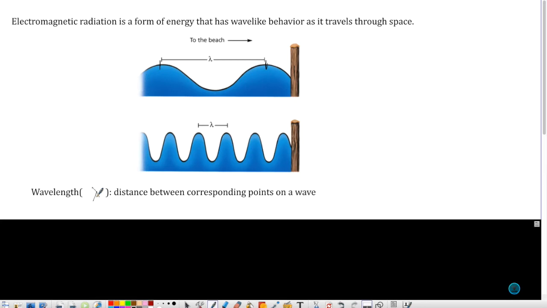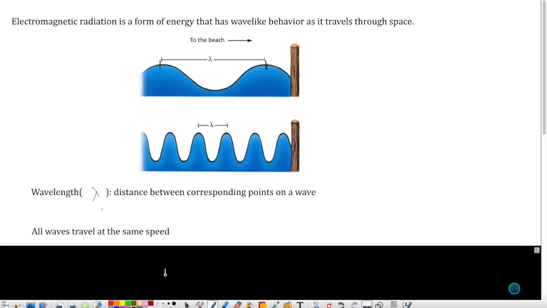Now, interestingly, all waves of electromagnetic radiation travel at the same speed. So imagine the waves on the beach are really just this force that's moving towards the beach. That force is traveling.